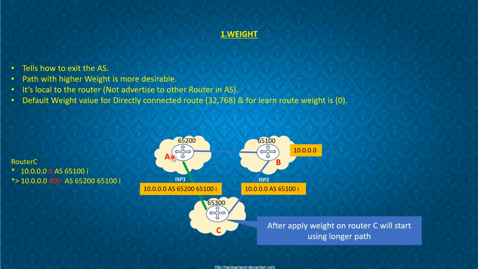So what I can do is use the weight attribute. I can configure a higher weight value on the ISP1 remote neighbor. So if router C wants to go to network 10, it will not use ISP2, it will always forward that packet through ISP1 with the help of weight.